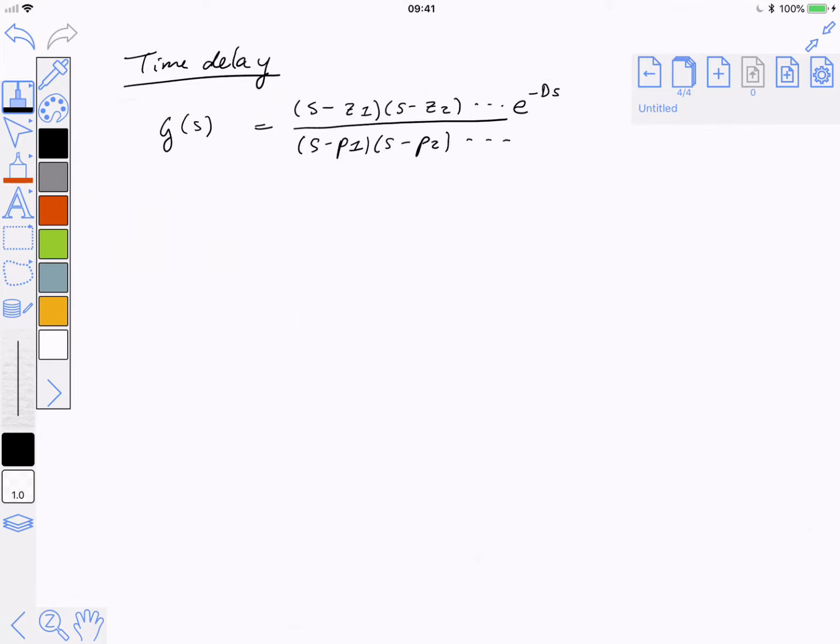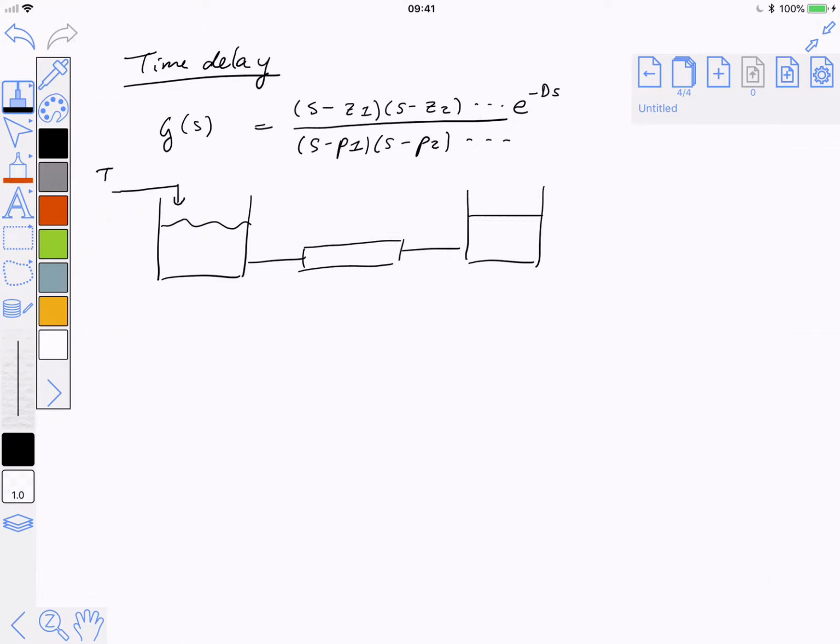Now that exponential term arises from transport delay in the system. So it arises from situations like, I've got a tank over here, like the tutorial that we did. I've got some very long pipe connecting it to another tank over here, and I'm perhaps taking the temperature here and suddenly increasing the temperature. Now it actually takes time for the hot stuff to move from here to here.